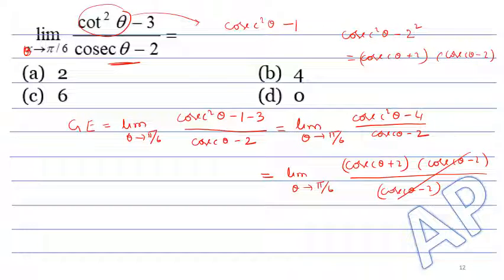So cosecant theta minus 2 is eliminated. Now you can apply the limit. When you apply the limit, it is cosecant pi by 6 plus 2. We know that cosecant pi by 6 is 2, plus 2 here. So the answer is 4. So the value of the given limit is 4.